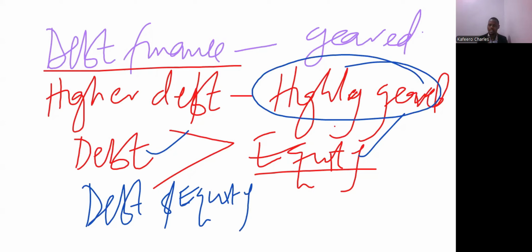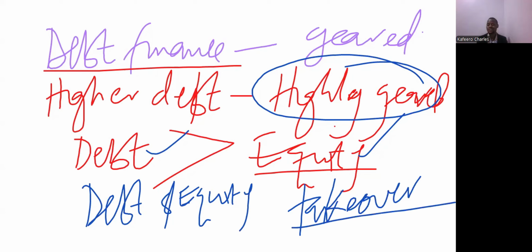Of course, we are not saying that a highly geared company can't exist. It can exist and it can be performing very well, but it has concerns to do with takeover, because at some point, if the business fails to pay, it has a risk of being taken over by those that gave the business the money.